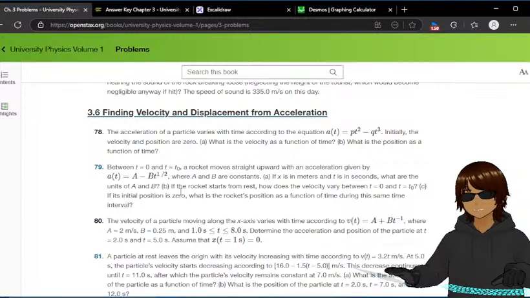If the rocket starts from rest, how does the velocity vary?